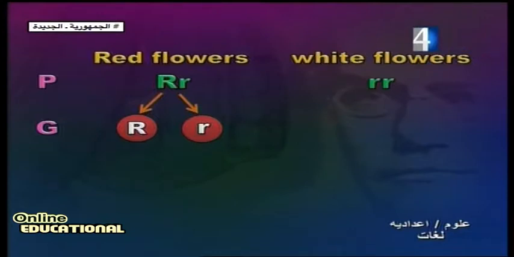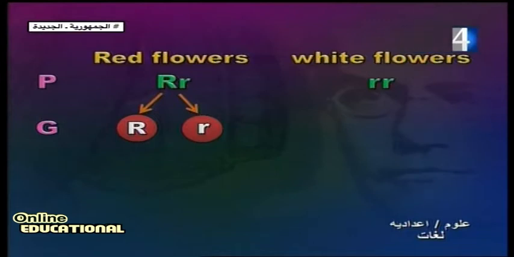Formation of gametes as shown. Formation of gametes in meiosis division: capital R as a male or female gamete, small r as a male or female gamete. If we consider that the red flower is a female, so capital R female or small r female.